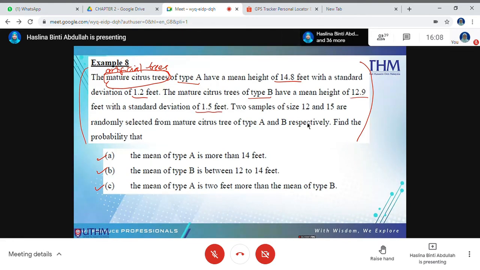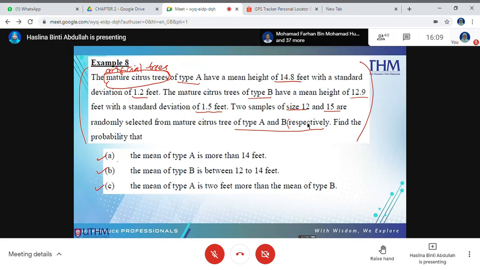Two samples of size 12 and 15 are randomly selected from mature citrus trees of type A and type B respectively. Find the probability that the mean of type A is more than 14 feet. Second, the mean of type B is between 12 and 14. And third, the mean of type A is 2 feet more than the mean of type B.